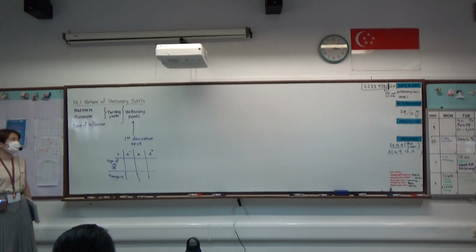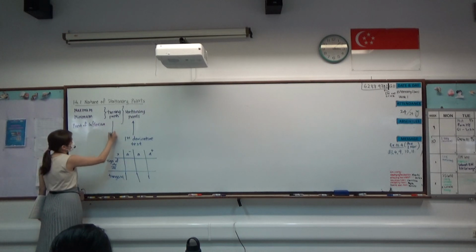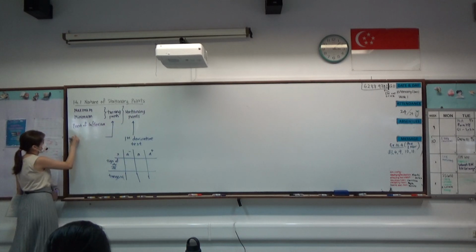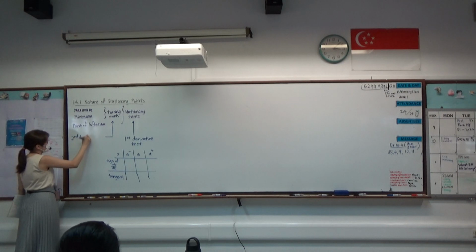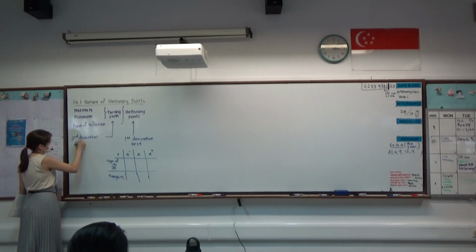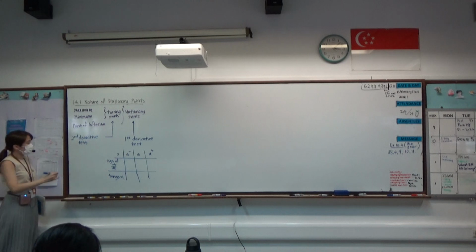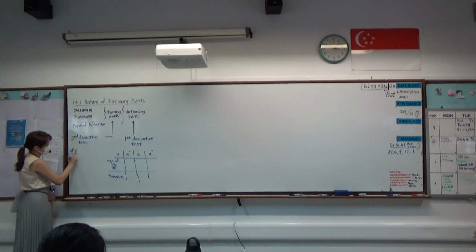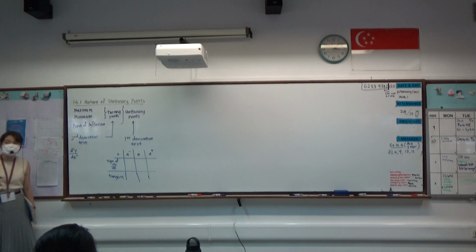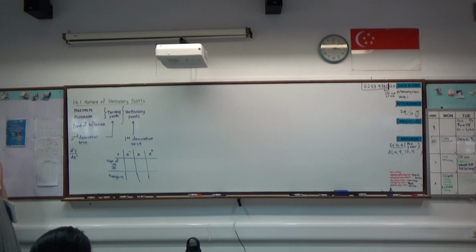Then at the very end of the lesson, we looked at the second derivative test. Okay, whereby we look at the second derivative, which we call d2y/dx squared, if we were to use this notation.